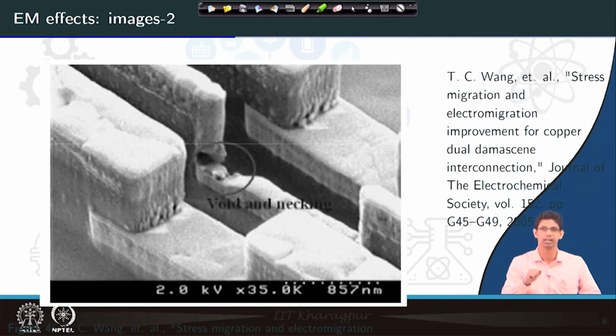There is another image here. This image is taken from the Journal of the Electrochemical Society. Here you can see this void and necking. This is the interconnect, this is the vertical via schematic which was shown, and here you can see that this has opened. This is resulting in an open circuit.